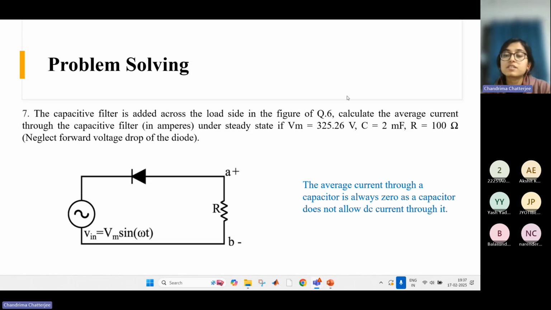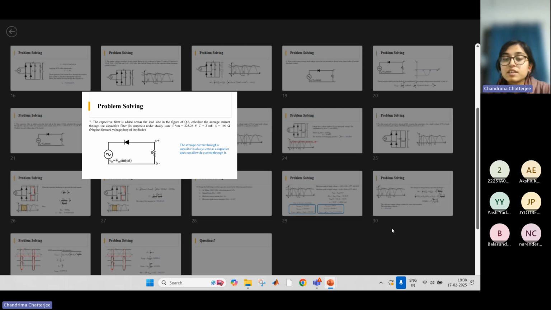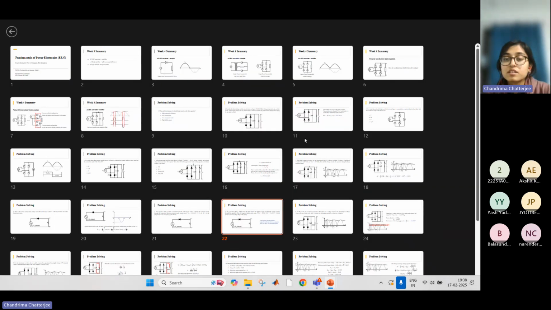Why is it like this? Ma'am, this is a property of capacitor. A capacitor doesn't allow any DC current through it in steady state.